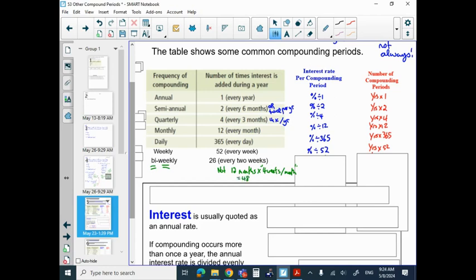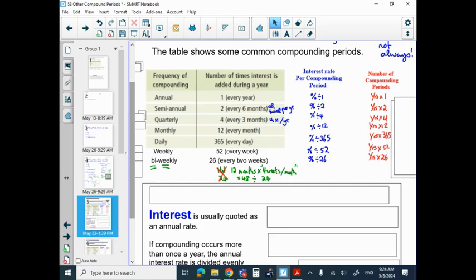So then 48 divided by 2 would give you 24. It's not 24. Okay? The number of biweekly periods is actually 26 because of the extra few days each month. 28 days isn't the number of days we have in months. So we have 31, and that actually adds up to an extra 2 weeks. Kind of hard to believe. And so that interest rate would be divided by 26, and your number of years would be multiplied by 26 to give you the number of compounding periods.